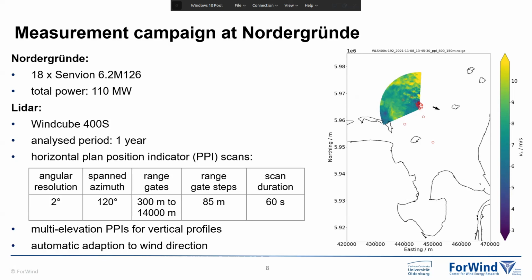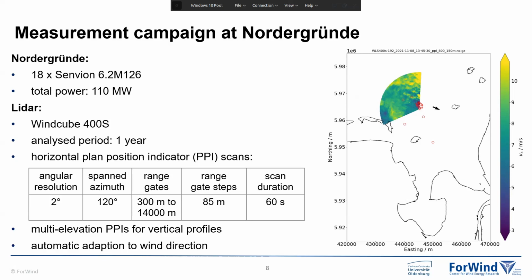Aside from the horizontal PPI scans, we also used some multi-elevation PPI scans, changing the elevation of the PPI scans to get information about the atmosphere, so to extract vertical profiles, which we use to bring our measurements to the hub height of the wind turbines.